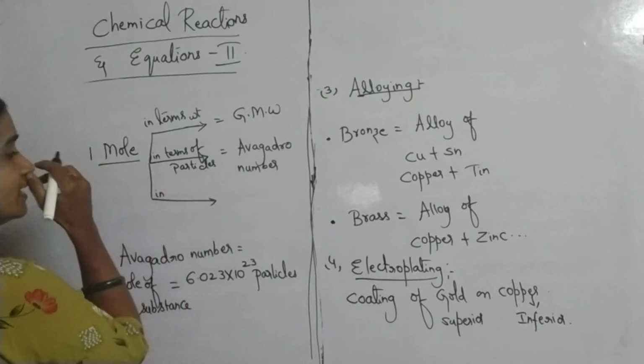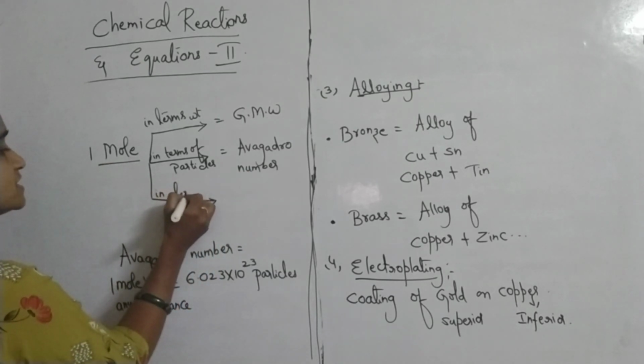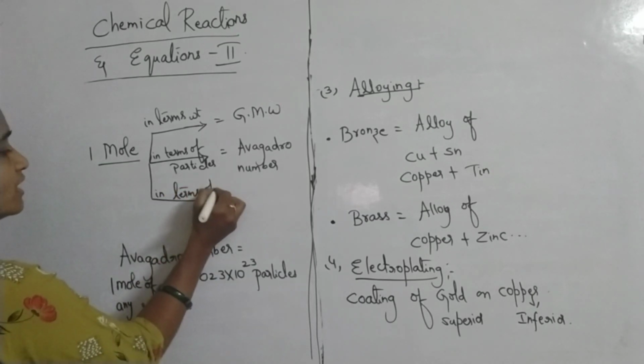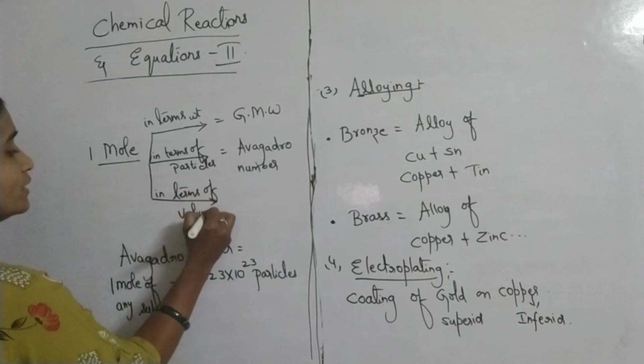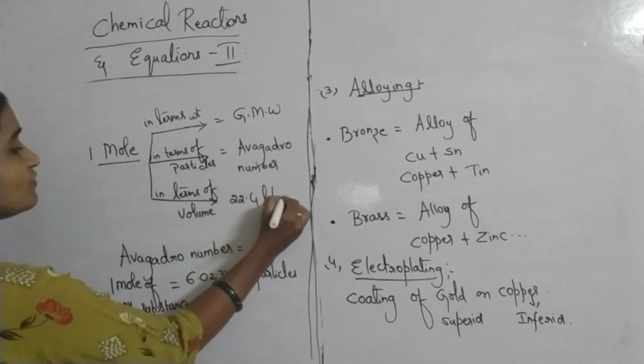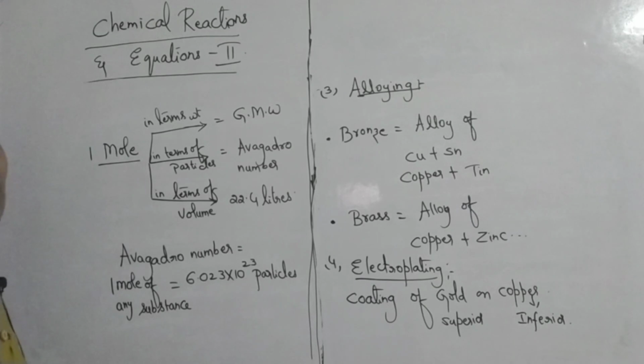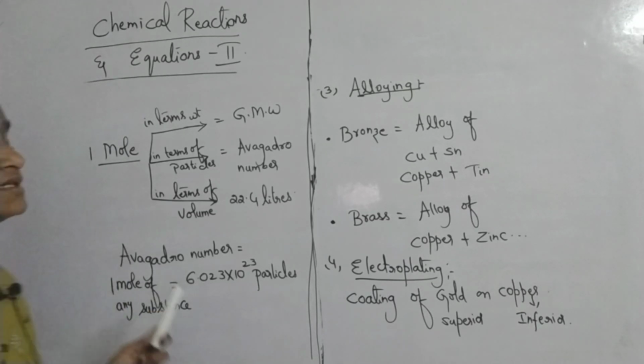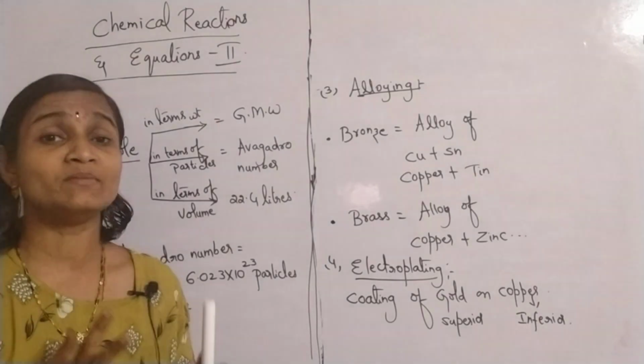And the third interpretation is in terms of volume. In terms of volume, 1 mole of any substance occupies 22.4 liters of volume. So these are the three interpretations which you have to remember.